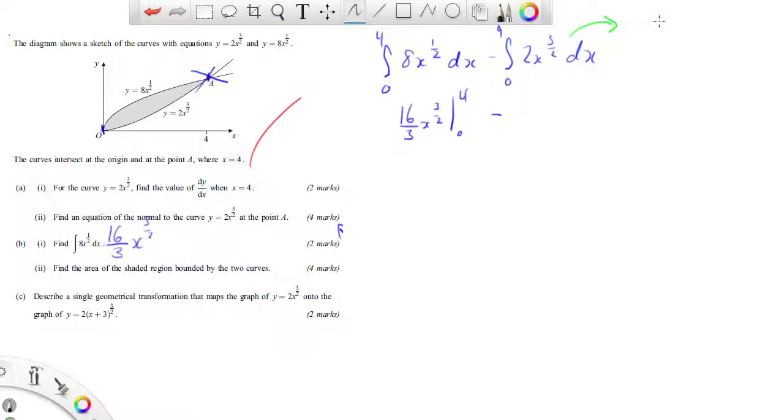This is going to be 2x to the 3/2 plus 2/2 over, I can see that this is going to be 5/2. So same deal. We're going to have 2x to the 5/2, and instead of dividing, we're going to multiply by the reciprocal of 2/5. So that is going to give us 4/5 x to the 5/2. And again, evaluating from 0 up to 4.